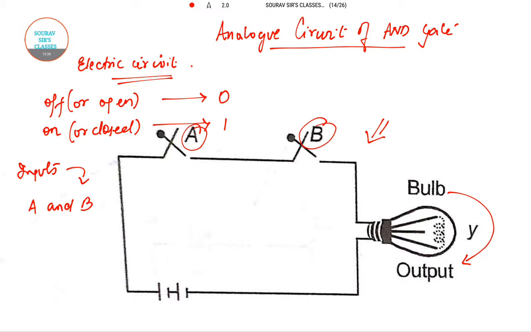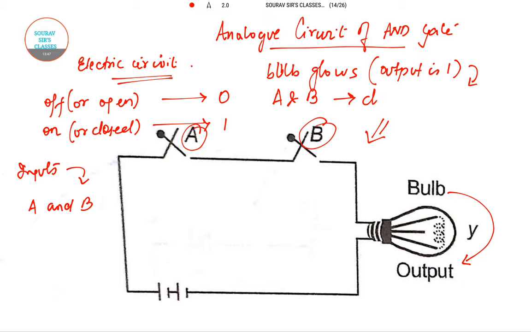So what we see here is that the bulb glows. In other words, output is 1 only when both the switches, A and B, are closed.